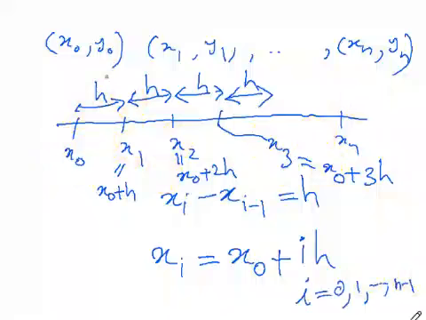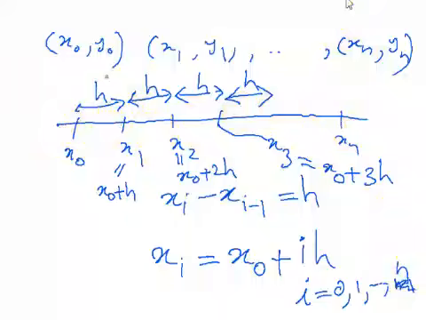That means this i runs from 0 to n, not n minus 1. Here we have n plus 1 points, and n number of subintervals. Hope you understand that.